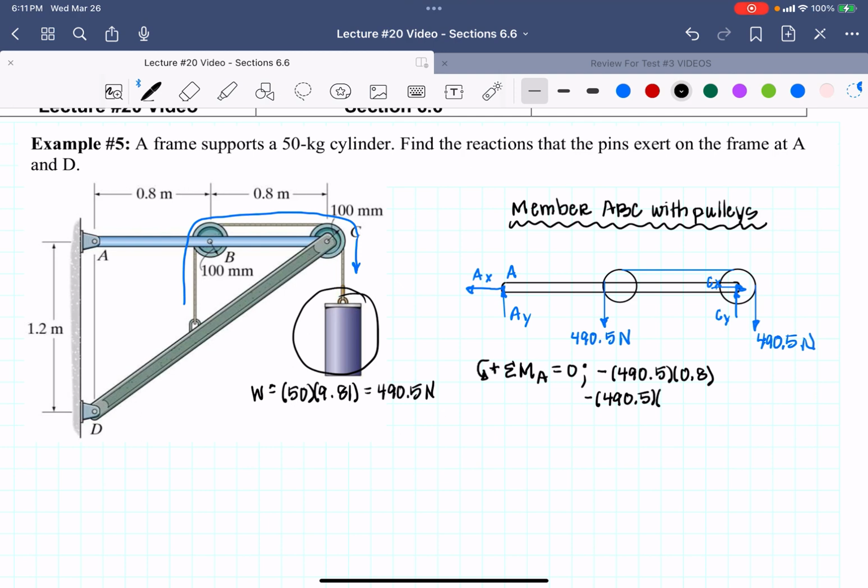So that's 1.6. But don't forget that it shows that this pulley is 100 millimeters, which means I need to account for this little distance here of 0.1 meters. So it is actually going to be a distance of these 1.6 plus that 0.1.